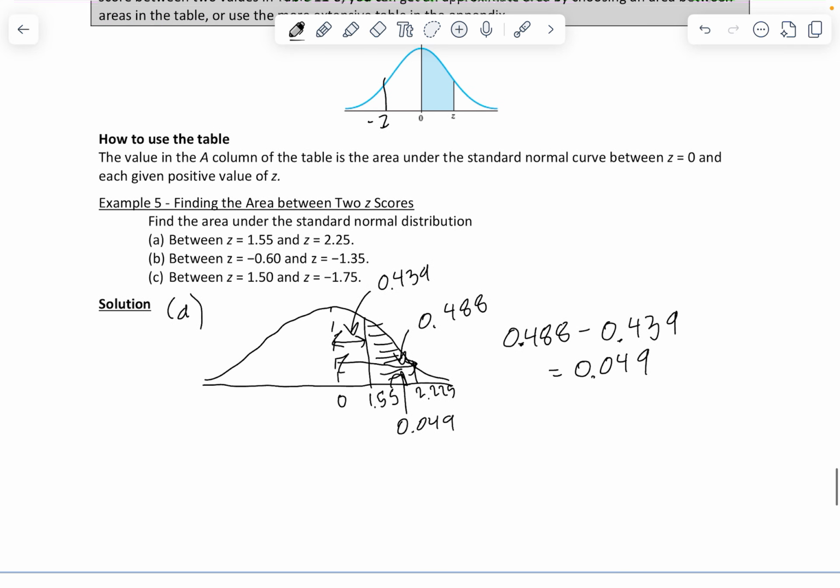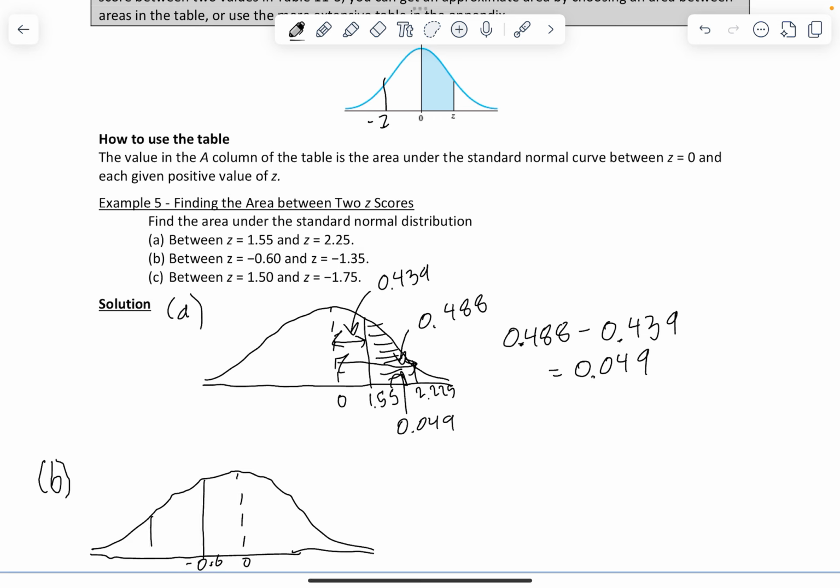Let's see if we can do the other ones. B. The area between negative 0.6 and negative 1.35. Okay. Again, zero is in the middle. Negative 0.6 would be something like there.